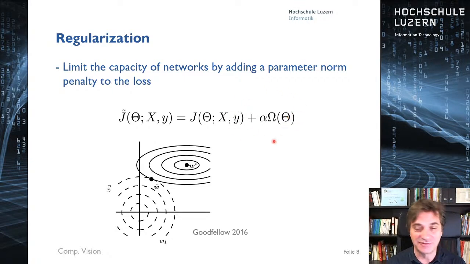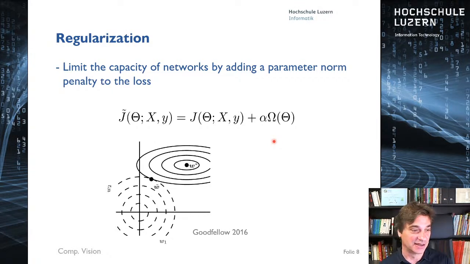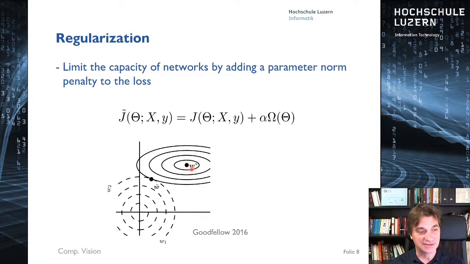We will just see that it will try to make the weights as small as possible. So when you look at that with your loss function, then you might have some optimal weight that you have without the regularization, which is the minimum of the original loss function. And then when you just look at the regularization term, the minimum of the regularization term would be that the weights are actually 0. And so between those two, you have kind of a balance, so that your resulting weight will be between 0 and the weight that you would have without the regularization.